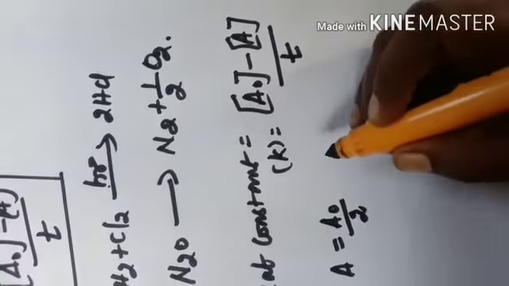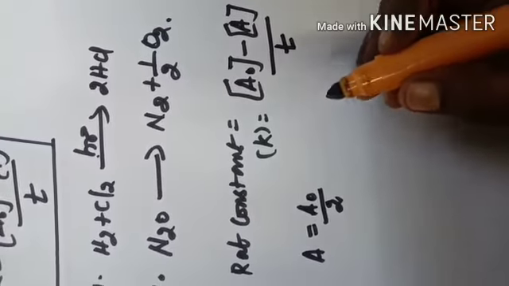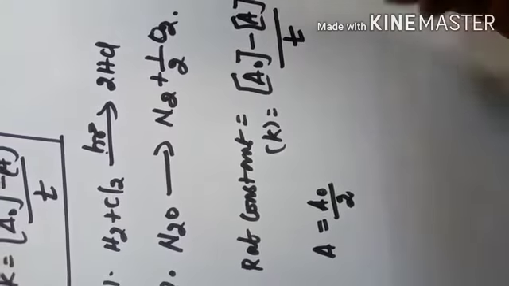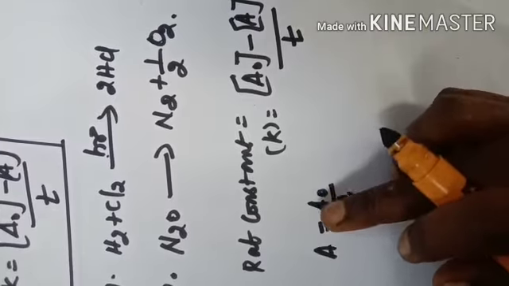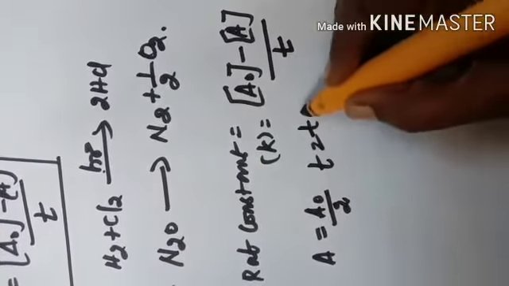So what is actually the half-life period? It is nothing but the time required to reduce the initial concentration to half of its value. So the final A value is A naught by 2 and t equal to t half.